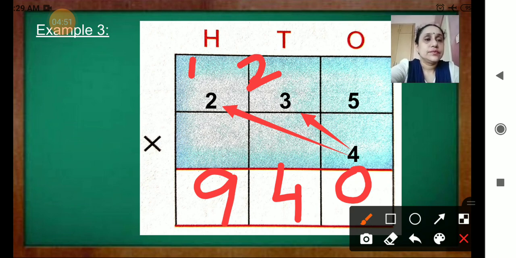Okay? Understood how we will be doing carry over multiplication? So first you have to learn the tables. Then write the carried over number in the proper place and do the addition, and you will get the answer. Okay?